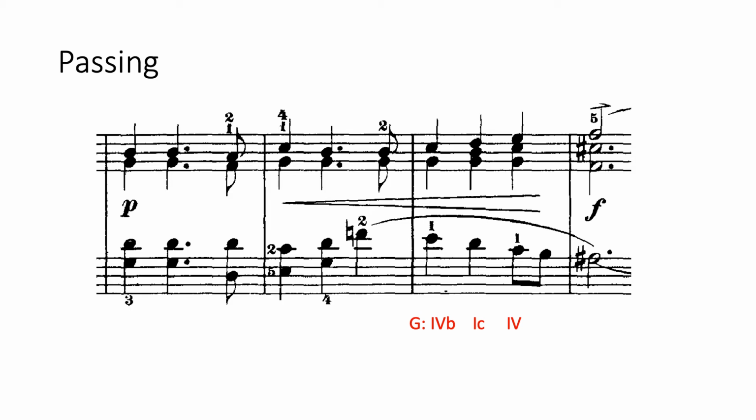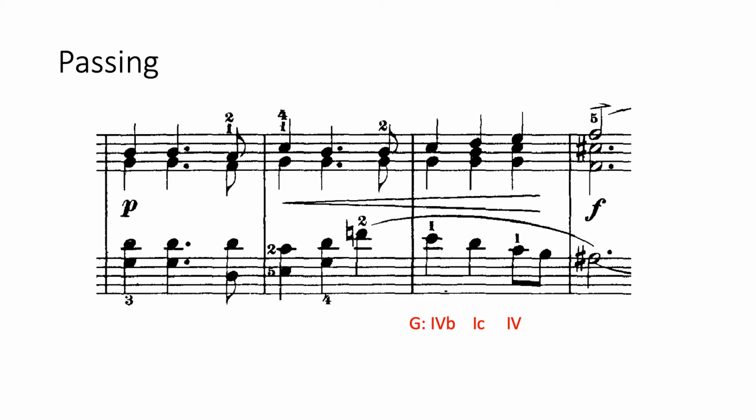Here's an example of a passing second inversion chord. I'll just play this extract from the beginning of the phrase. Okay, so in the third bar there's our passing second inversion chord.